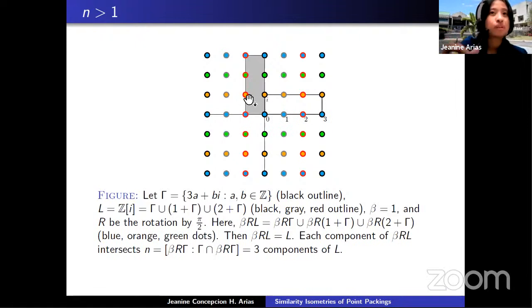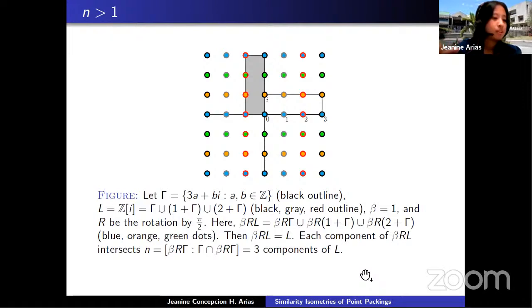The same is true for the orange and for the green dots. So in conclusion, each component of beta RL intersects 3 components of L: the black, gray, and red. And therefore, n equals 3, which is greater than 1.